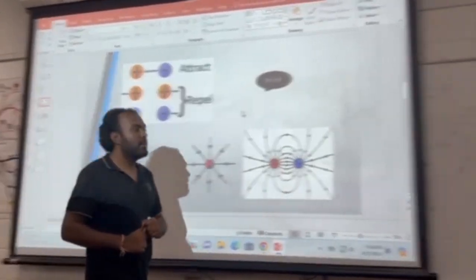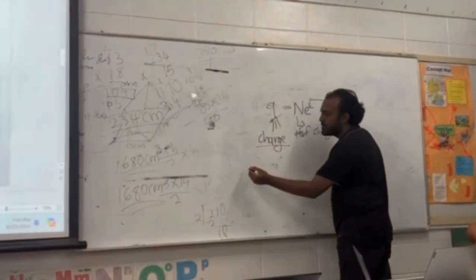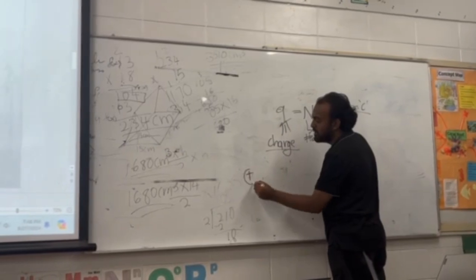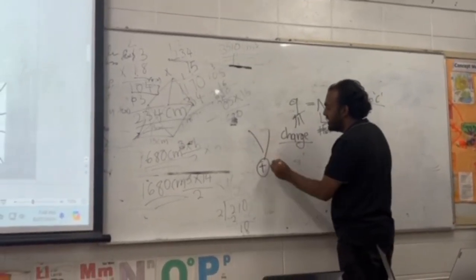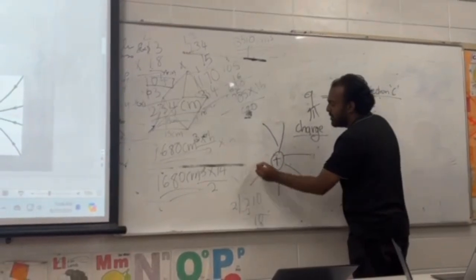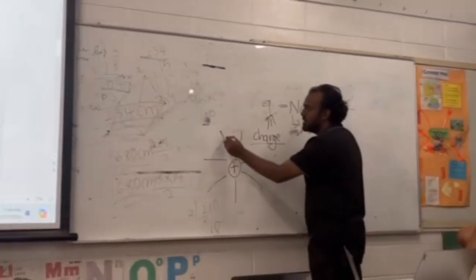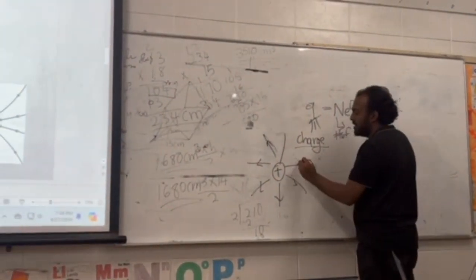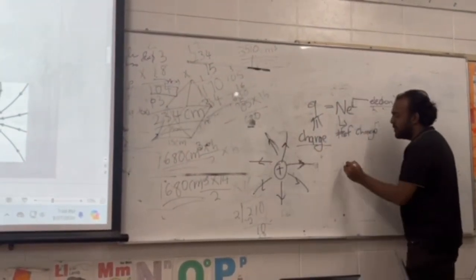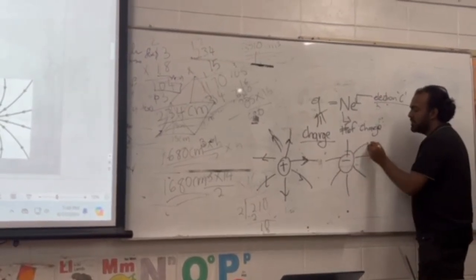For example, for a positive charge, what will happen to the field lines? Outwards, right? And what will happen to the negative charge? Inwards. Good.